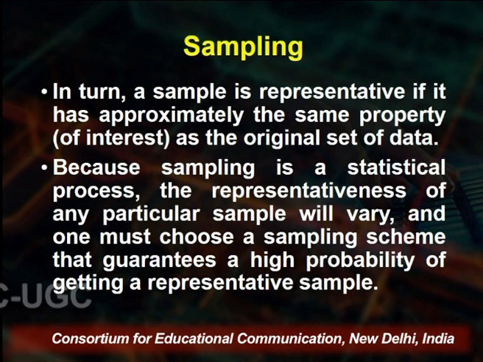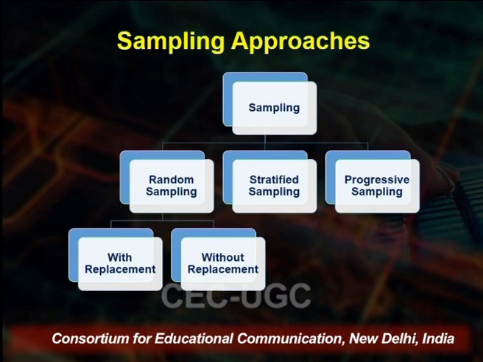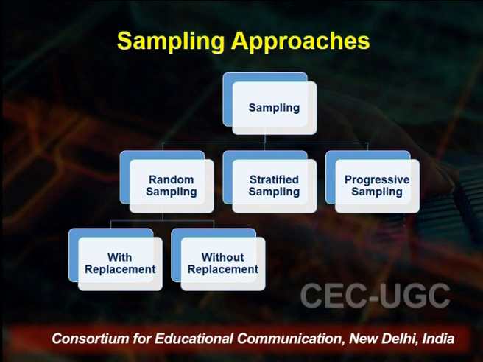So sampling is a statistical process, and the representativeness of a particular sample will vary, and we have to choose a particular scheme which guarantees a high probability of getting a representative sample. So there are multiple approaches or schemes which are used for sampling, right.